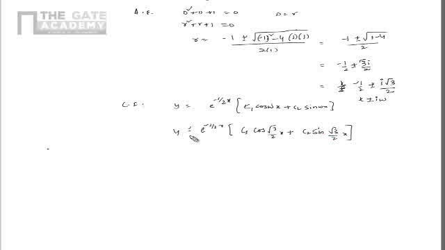Now let's try to find the particular integral. How will it come? The particular integral will be basically 1 by f(D) of the function given.